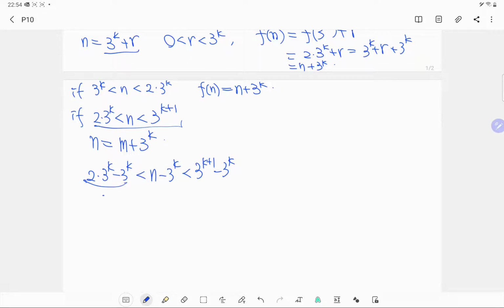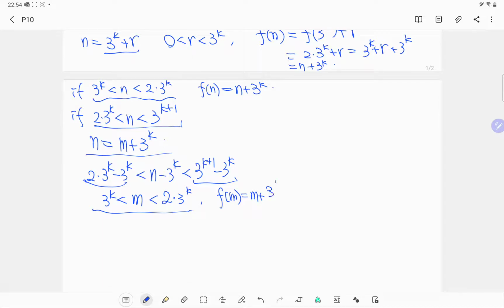So 3 to the k power is smaller than m, and it is smaller than 2 times 3 to the k power. So in this case, m is in this region, so f of m is m plus 3 to the k power.